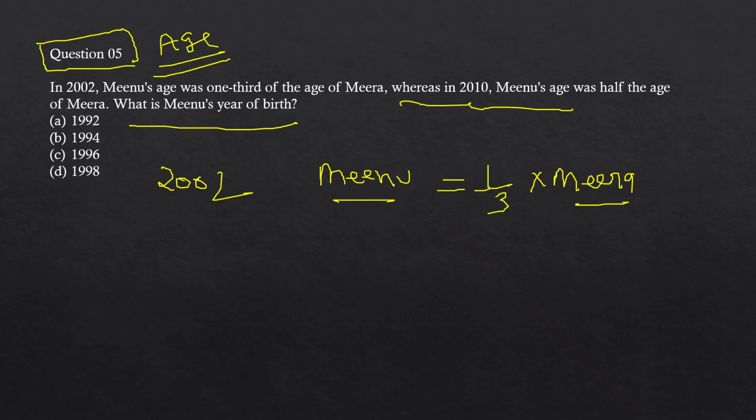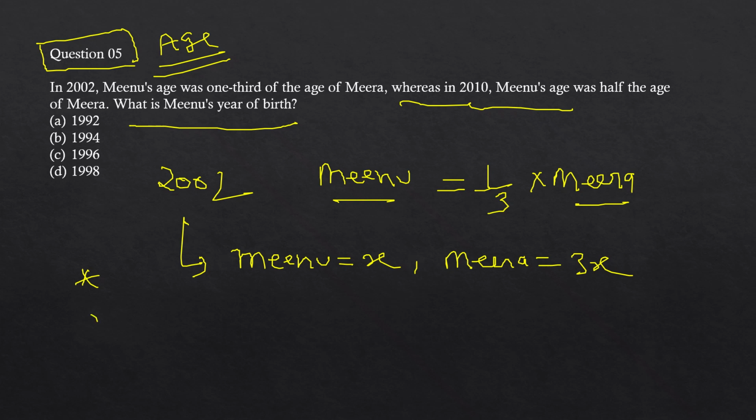Then what is Minu's year of birth? To solve this kind of question, we can assume in the 2002 case, Minu's age is x years, and obviously Mira is older, so Mira's age is 3x.